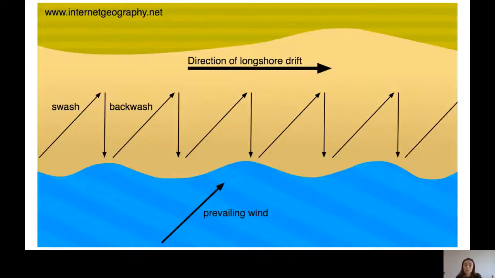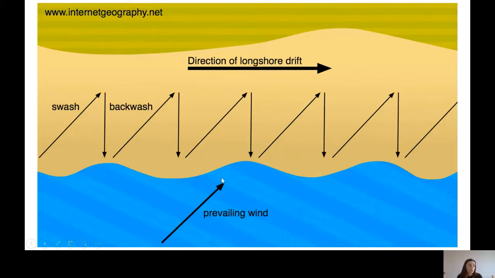We have a diagram of longshore drift. So at the bottom there, you see the arrow which shows the prevailing wind, the most common wind direction. The swash approaches the coast at an angle because of the direction of the prevailing wind. So you can see here, the swash approaches the coast at the same angle as the wind.